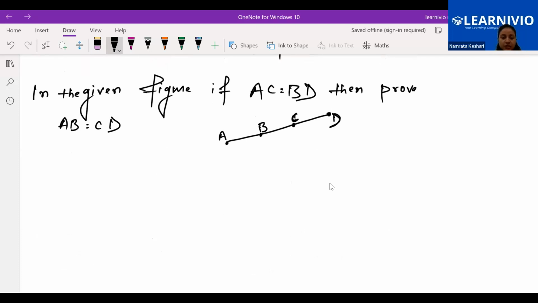After doing this one, please try to do factorization of this one. Please note down the question.